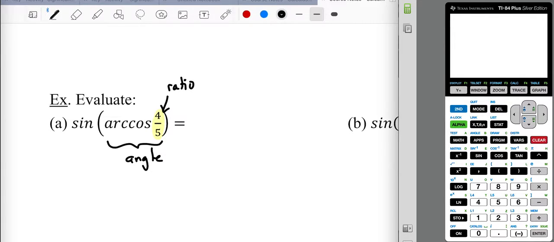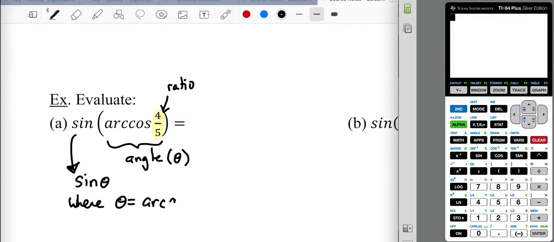So this angle we can call theta. So in effect, this is giving us really the sine of theta, where theta is equal to the arc cosine of 4/5.